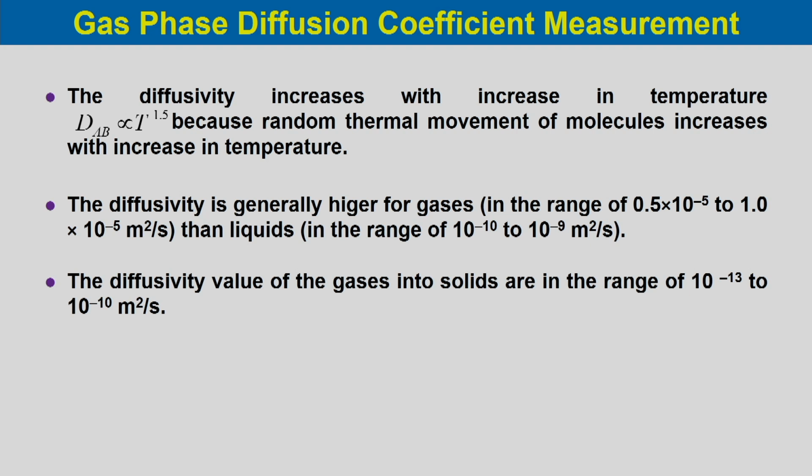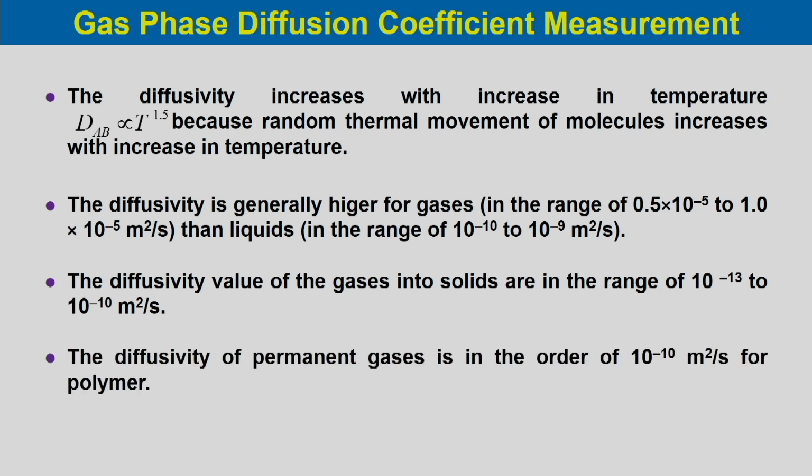The diffusivity of gases into solids is in the range of 10 to the power minus 13 to 10 to the power minus 10 meter square per second, and the diffusivity of permanent gases in polymers is in the order of 10 to the power minus 10 meter square per second. So this gives a picture of the diffusion coefficient for different situations.